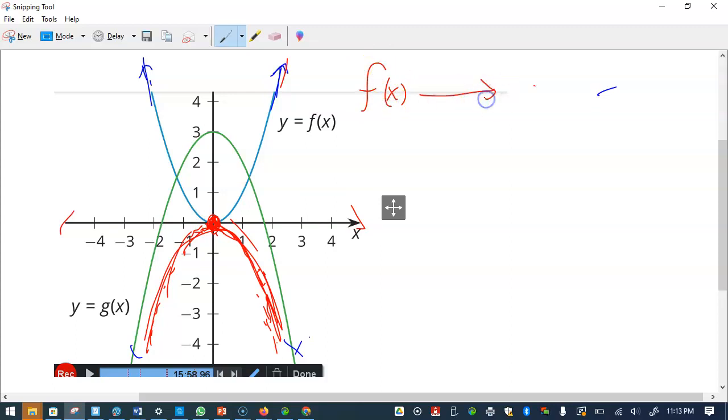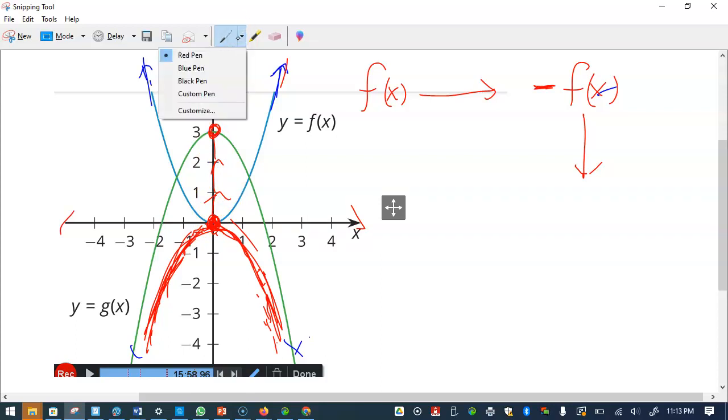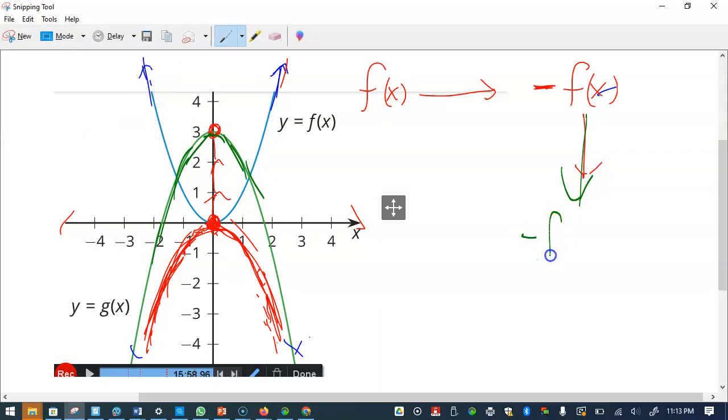First, what you do, you reflect. It means you put minus of f of x to this part. And then after that, you move this red color. So this graph, you shift 1, 2, and 3. There you go. So the whole graph goes up and you get a green graph. See? And you get this graph. So that means the next one is minus of f of x and then you move plus 4.